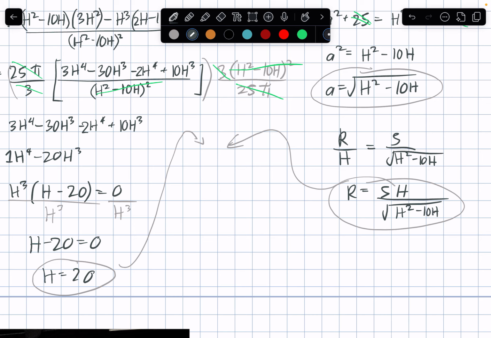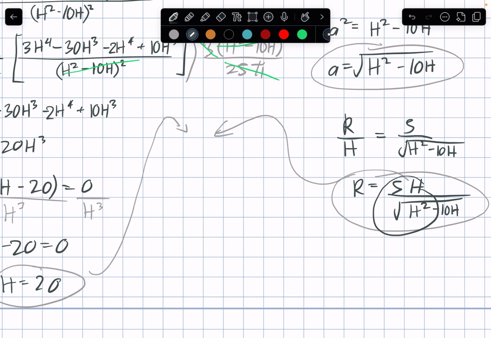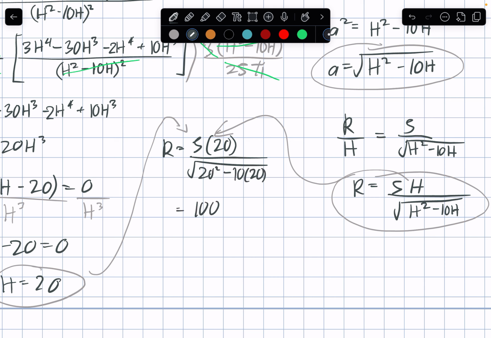Now you find the radius. So I think we can use this. You just substitute h as 20. So r is equal to 5 times 20 divided by the square root of 20 squared minus 10 times 20. 100 divided by square root of 400 minus 200.